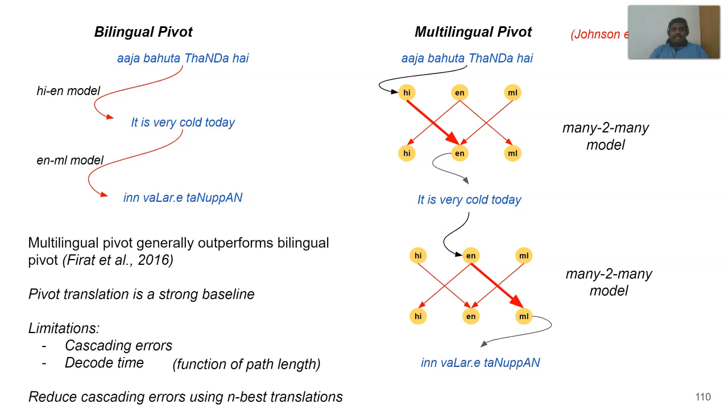Generally, multilingual pivoting seems to outperform bilingual pivoting, and the pivot translation method that we just saw is a very strong baseline for translation between unseen languages, although it has a few limitations. We have to have multiple steps of decoding, so errors will cascade through the pipeline.